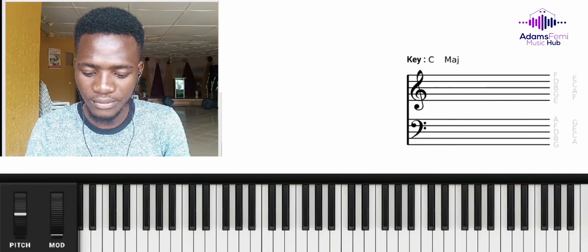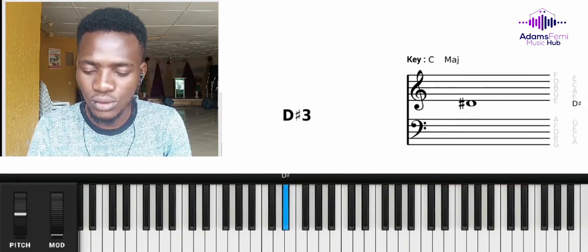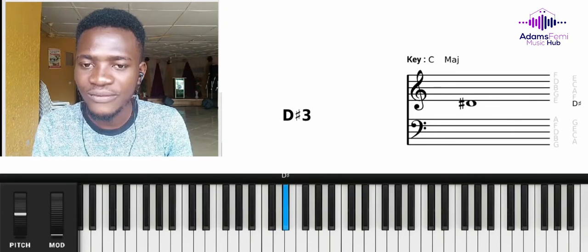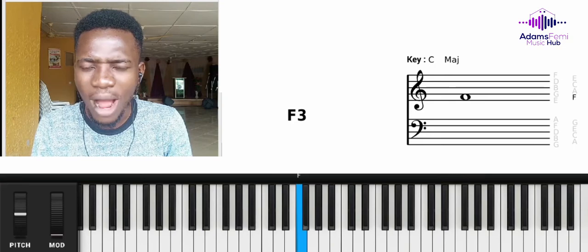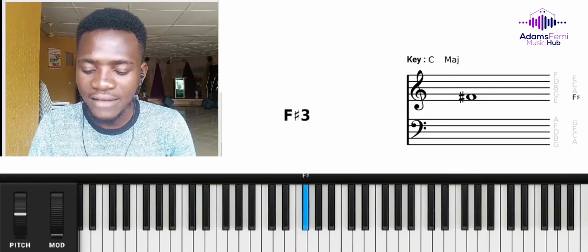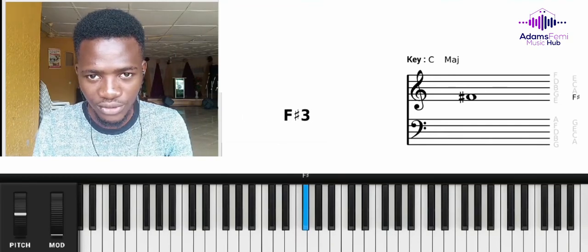We're starting from C sharp. The whole step. We're moving over this note. Now whole step. And the next whole step. We're moving over this note. Now whole step. Then now half step. We're not moving over any note. So half step. Then now whole step, which is the next one. Moving over this.